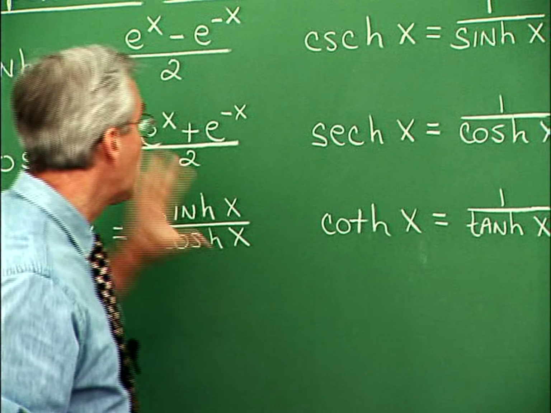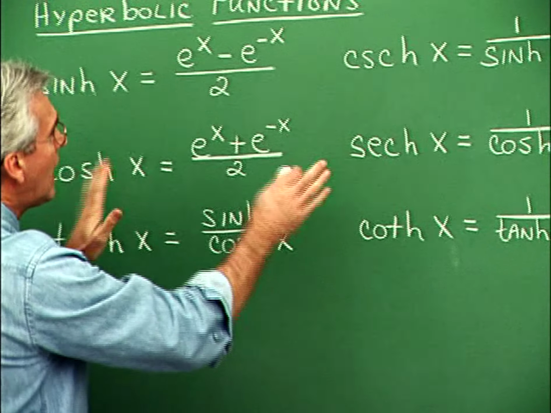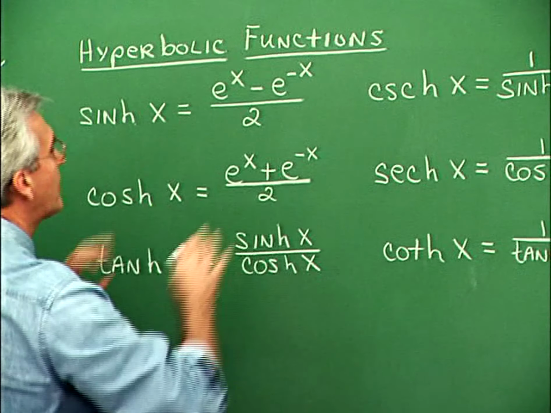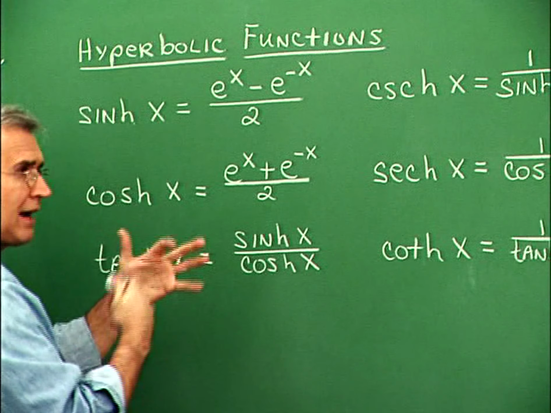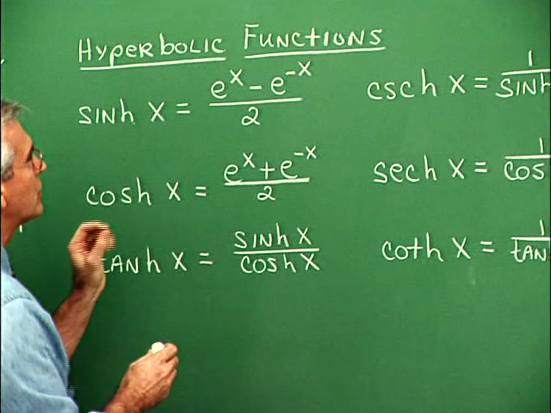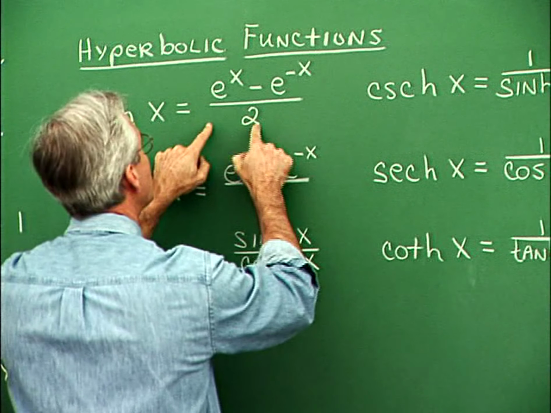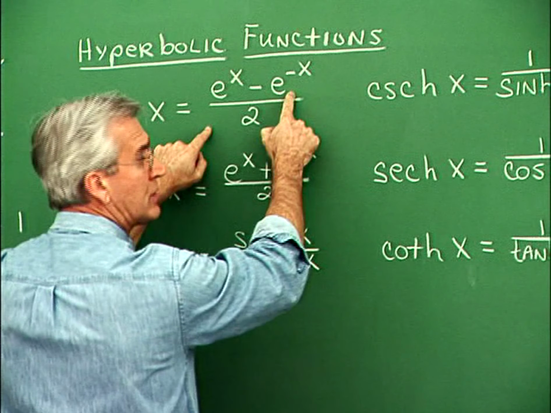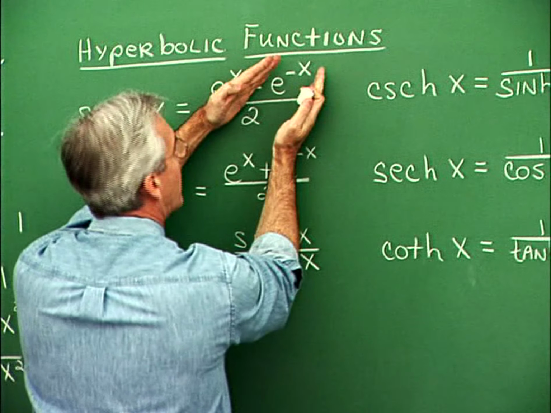Well, all right, let's go on and talk a little bit more about how these are useful. And by the way, the graphs of these hyperbolic functions are in your textbook. I invite you to look at them. We don't get a lot of mileage out of them here, but I think it's interesting to understand that if this 2 is thought of as the denominator for both terms in this numerator, then we think of these as separate items.